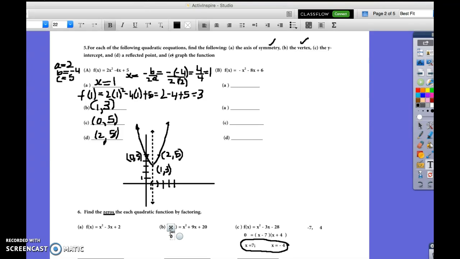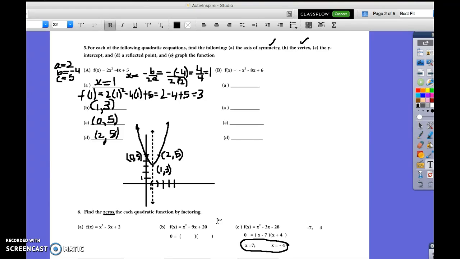And I'm looking for the factors of x squared plus 9x plus 20. This is kind of like a little jigsaw. It's like a puzzle. We're looking for two numbers which when you multiply them together you get positive 20, and when you add them you get positive 9.